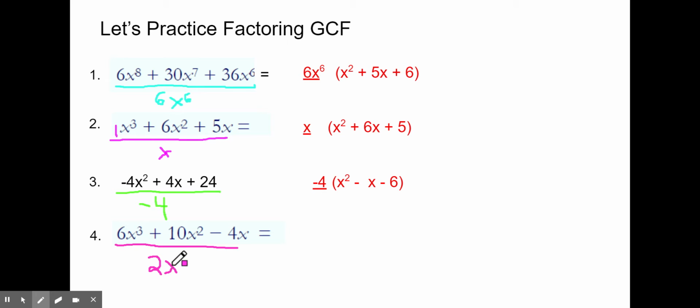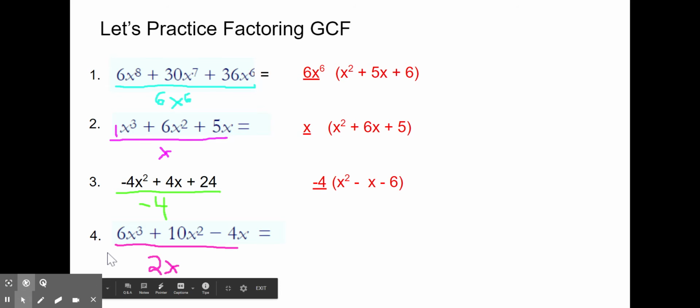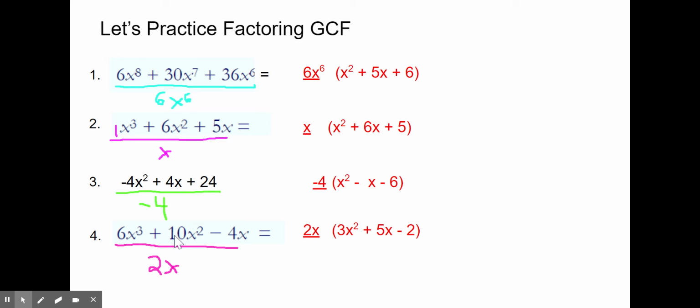So I'm going to have to divide each of these terms by 2x. 2x is my GCF. That comes out front. My resulting trinomial, when I divide by 2x, is going to be 6 divided by 2, or 3, and it's going to come down 1x, so 3x squared plus 5x minus 2.